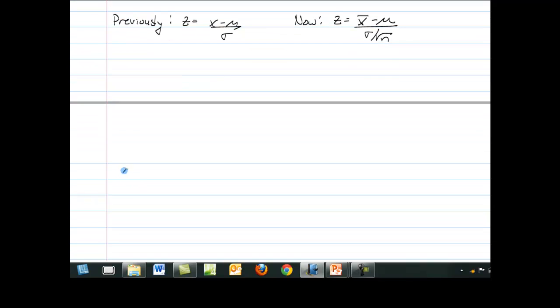So I have a distribution: x bar is distributed normal with some mean and a standard deviation of sigma over root n. Then I standardize that value, x bar minus mu over sigma over root n. Be careful with your calculators here that you don't mess up the order of operations.